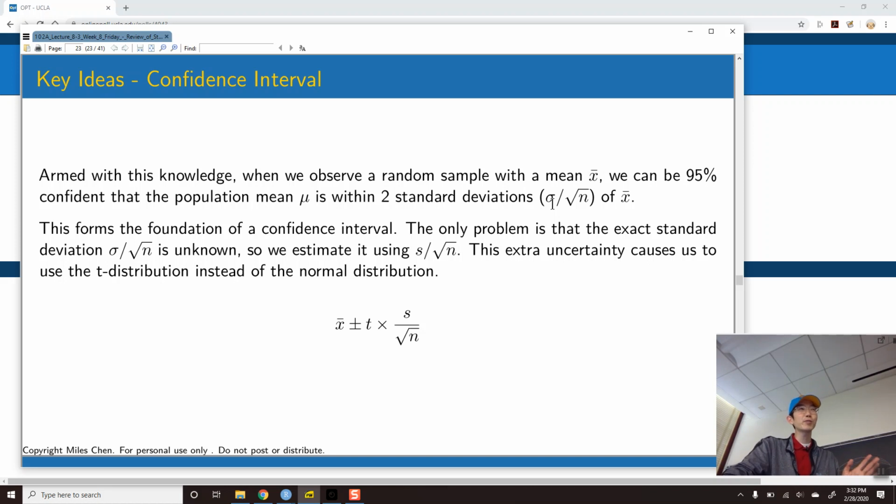It's some number. If we were able to freeze time and measure everybody in the population, we could get the exact value of the mean mu. That would be the true average of everybody in the population. It's a fixed value. But we don't know what it is, so we can talk about there being some confidence, but there's no probability associated with that.